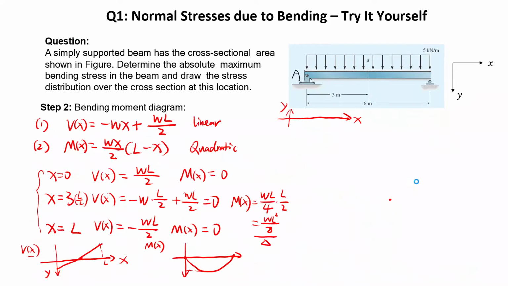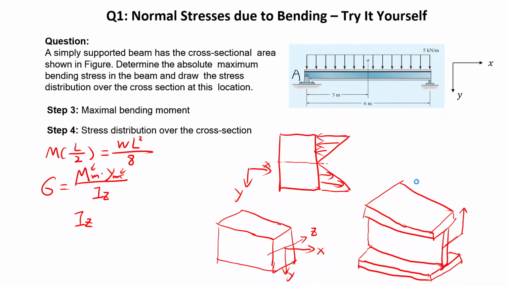And so then you get the maximum bending stress. But if you want to go further to actually determine the stress distribution over the cross-section for the I-beam, you can imagine there are two different sections you need to consider.